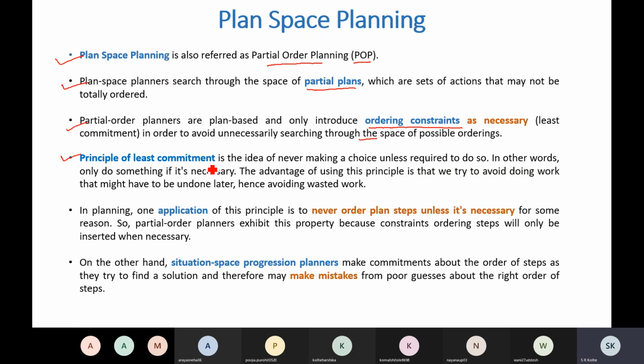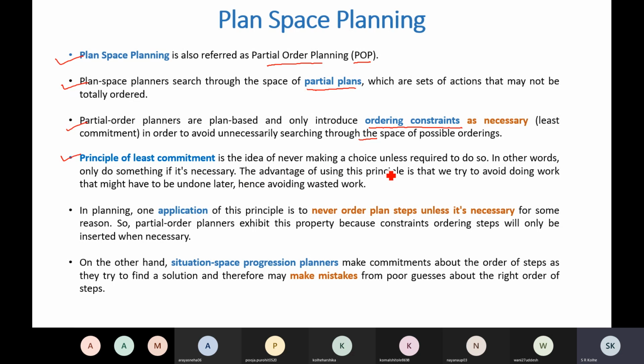In our real life also, we most of the time use this principle. It is the idea of never making a choice unless required to do so. In other words, only do something when it is necessary. Otherwise, don't plan things in a specific order.